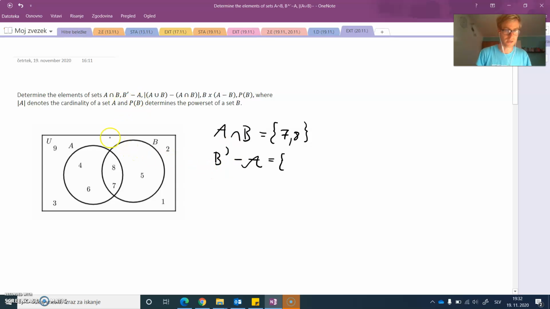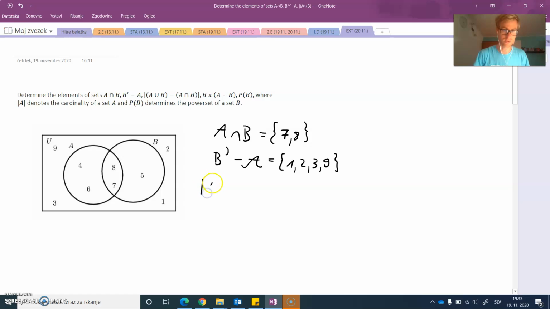So everything outside of B and without A. And well, if you think about it, the only thing that you will get is 1, 2, 3, and 9. So basically all the elements outside of A, outside of B. 1, 2, 3, and 9.